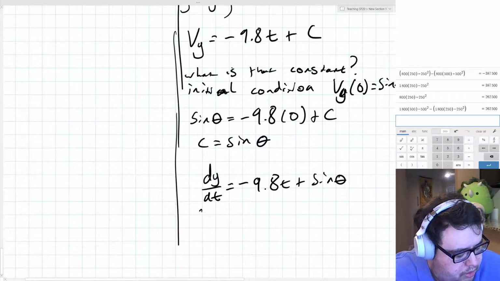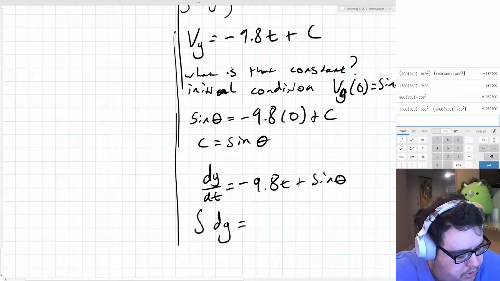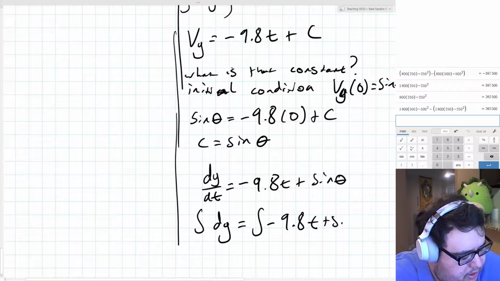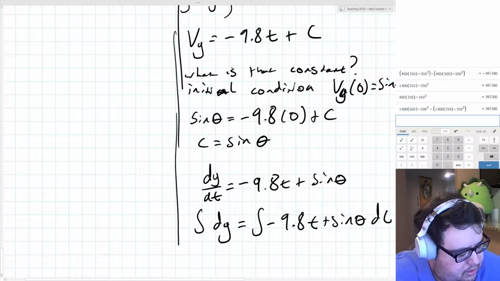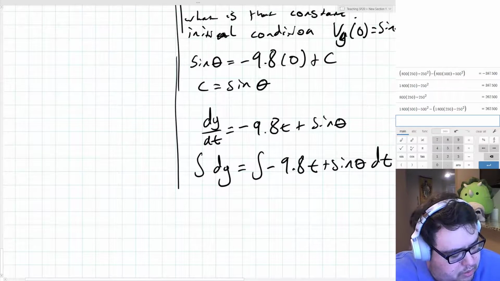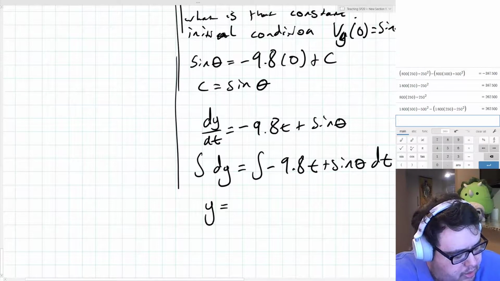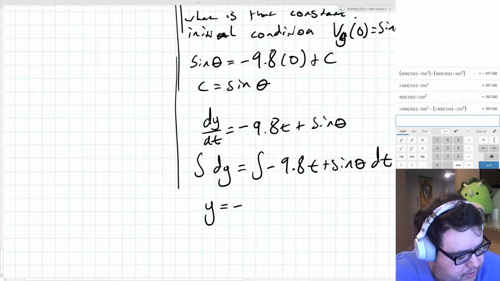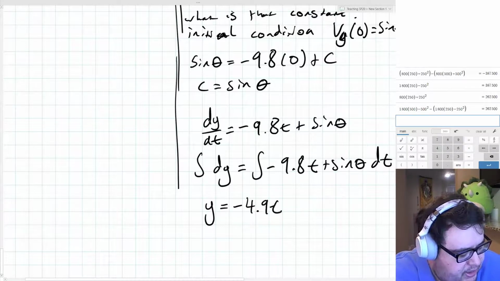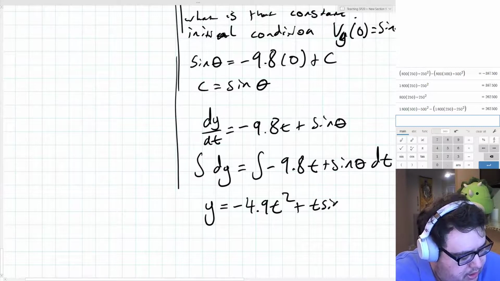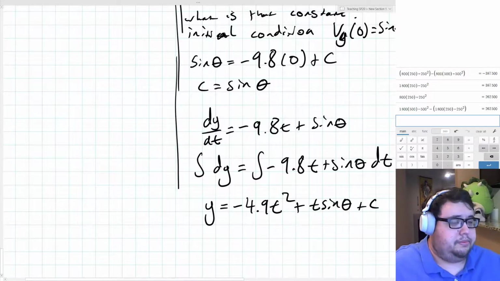So the integral dy is equal to the integral of negative 9.8 t plus sine theta dt. So that means that y is equal to negative 4.9 t squared plus t sine theta plus another constant.